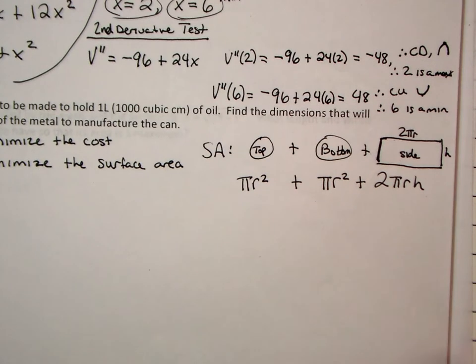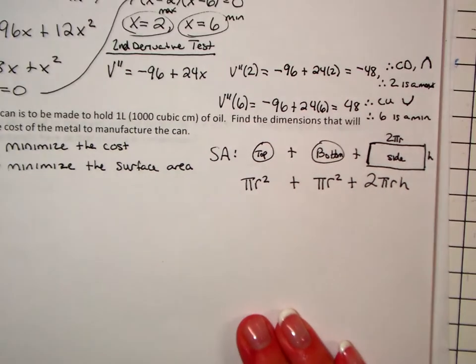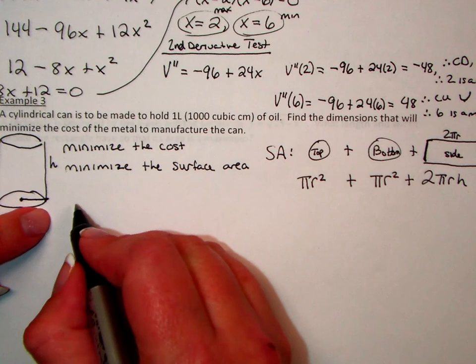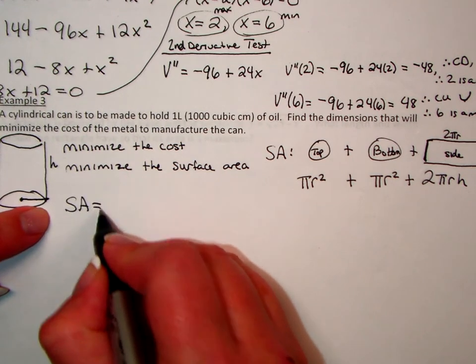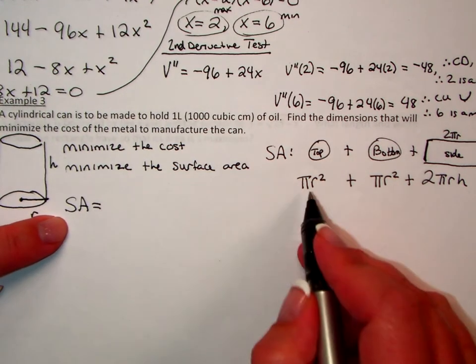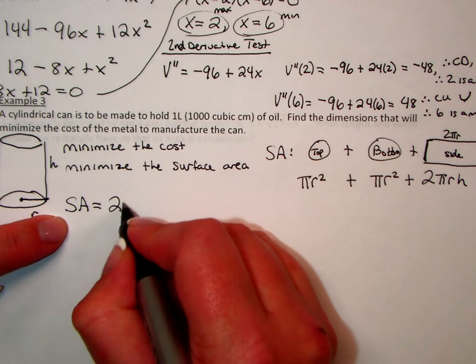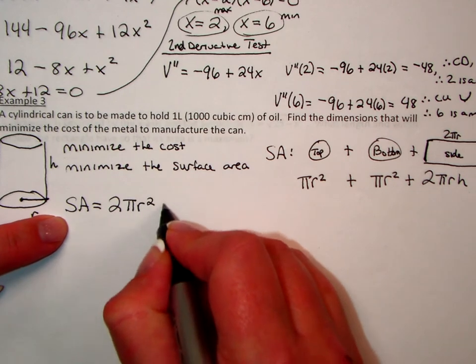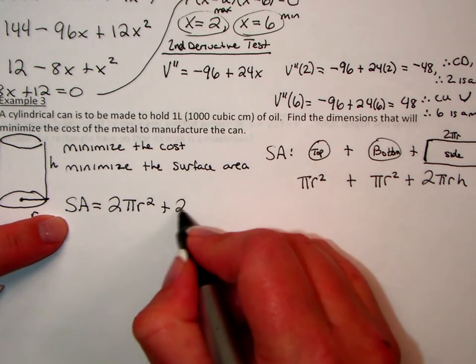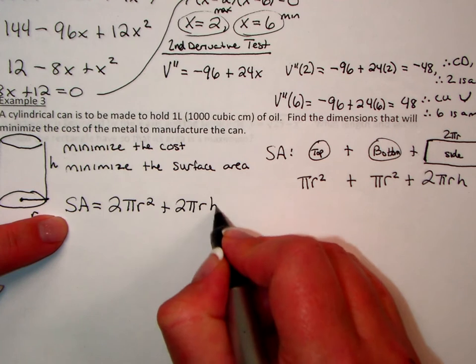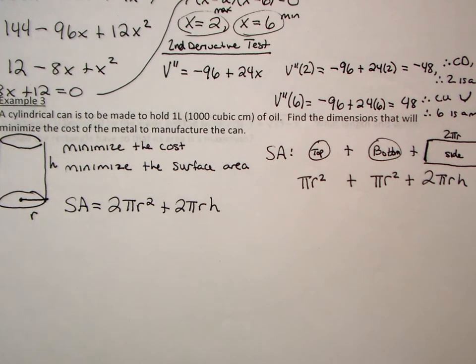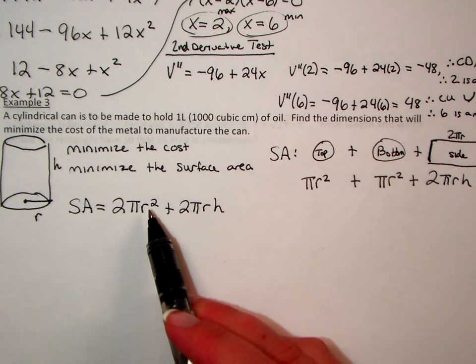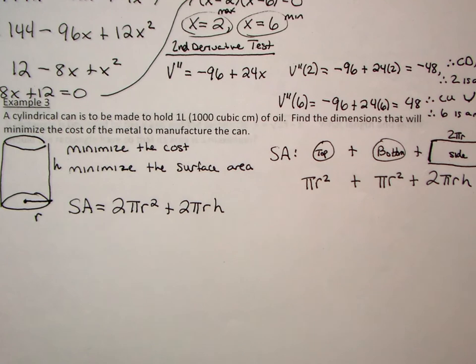So now I have a surface area formula. This is what I want to optimize. Surface area is pi r squared plus pi r squared, which is 2 pi r squared, plus 2 pi r h. Now before we can optimize this, we need to limit our variables to only one, and right now we have two variables, r and h.